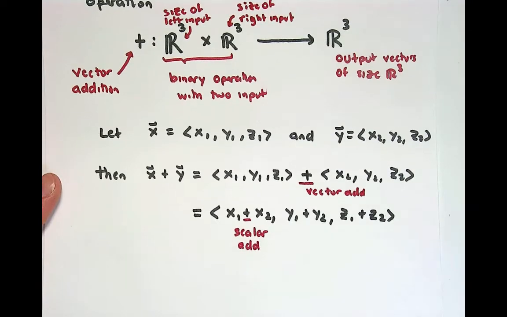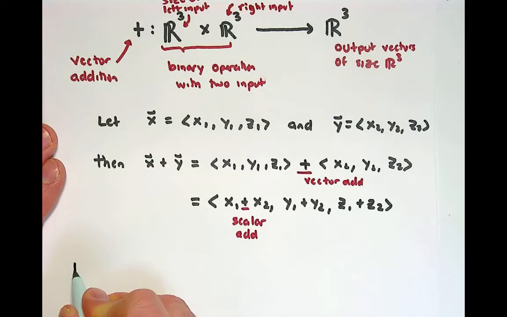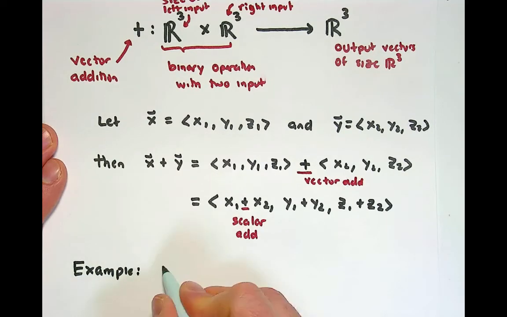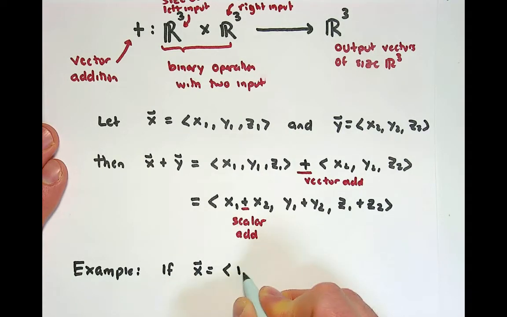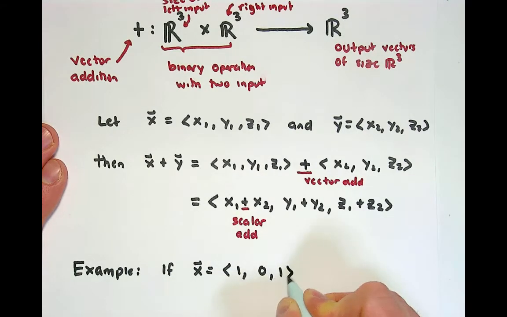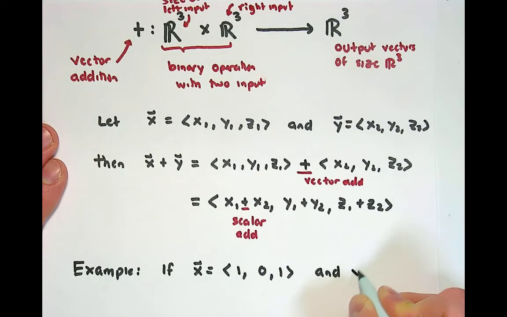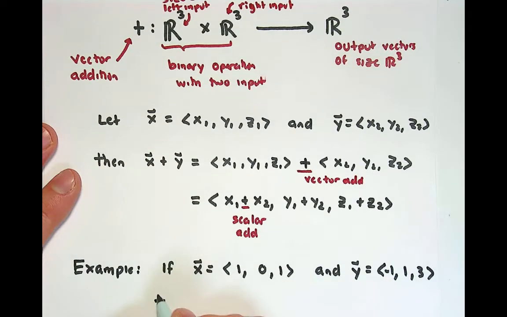The second operation that we're going to talk about, maybe we want to see an example before we go on. If we have 2 vectors, perhaps we're going to take the vector x is 1, 0, 1, and we'll take the vector y as -1, 1, 3.